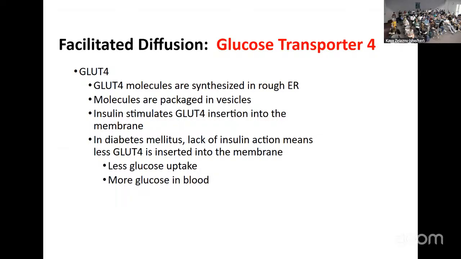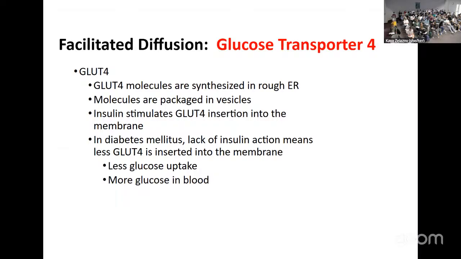And GLUT4 expression, so like how many of these you have in a given cell on its membrane, isn't static, right? So it's not the same all the time. It's not the same in every cell, right? So the way it works is you can actually make GLUT4. So you synthesize it with the ribosomes and the rough endoplasmic reticulum. So you're taking a gene, you're reading it, you're making this GLUT4 molecule, which is a protein, right?